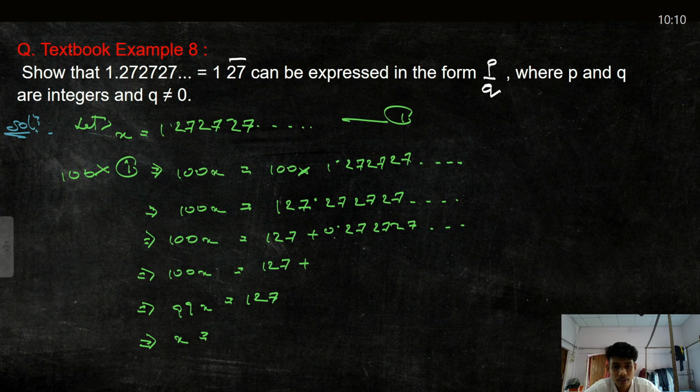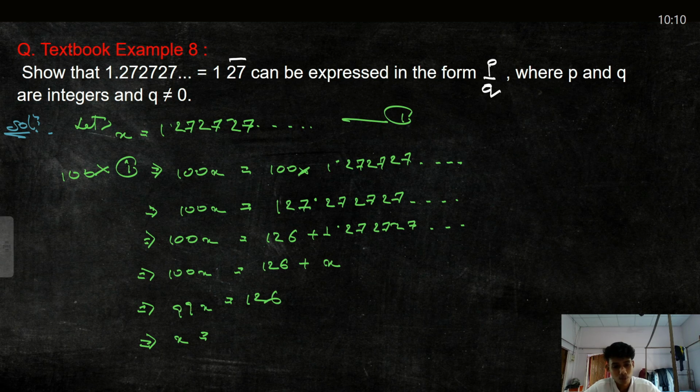It will be 126 plus 1.2727. Now this will be 126 plus x, which again becomes 126 by 99.